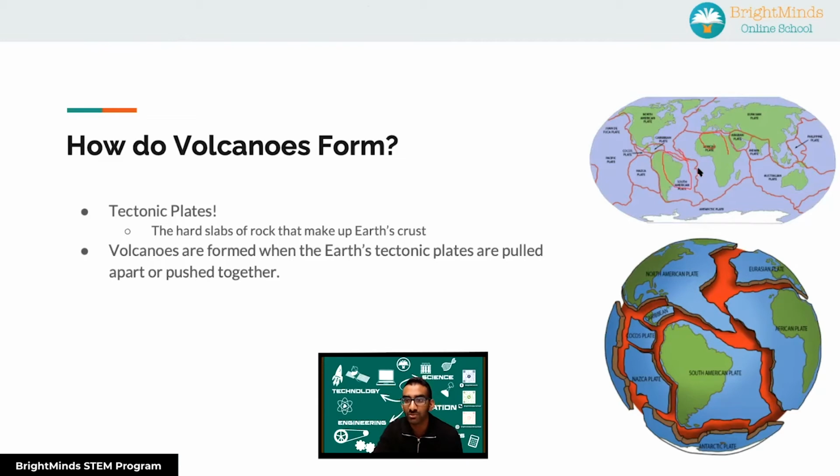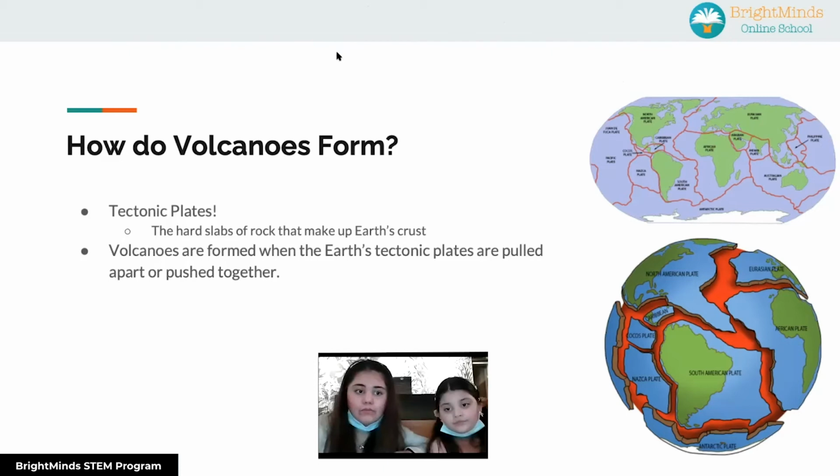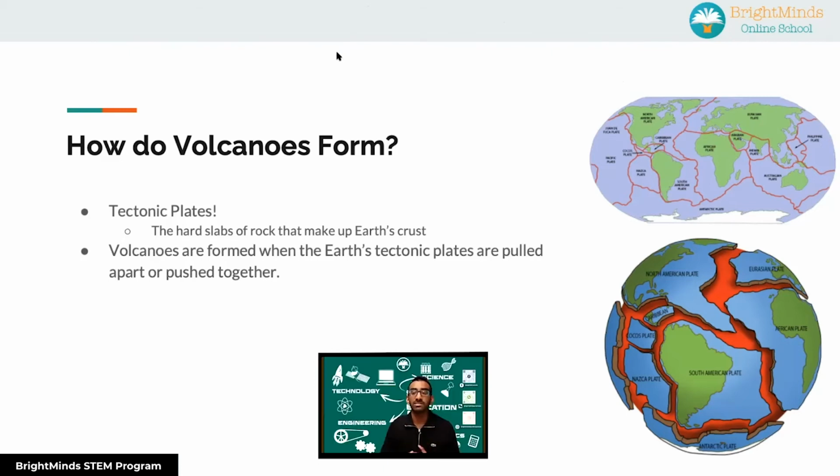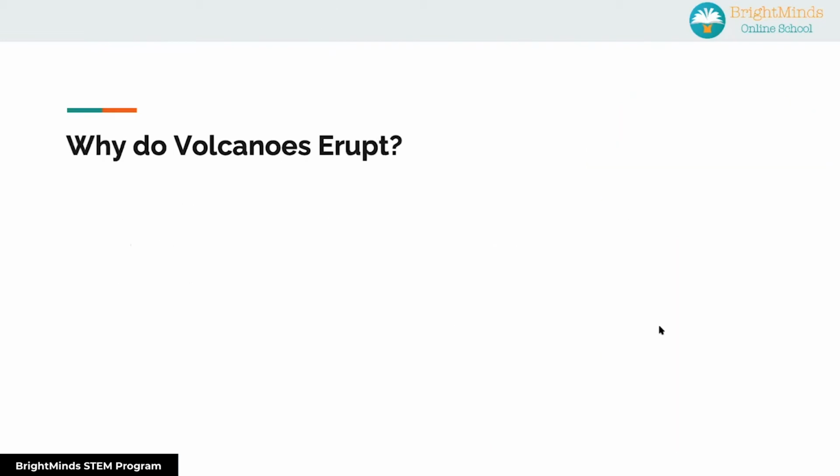Do we notice how that would fit over there? Yeah, everyone sees that? So just like that, at one point, they were all a supercontinent, okay? And the point being here is that these tectonic plates are constantly moving, okay? So that doesn't mean they're moving extremely fast. They're moving very slow, actually, okay? So these tectonic plates are constantly moving, and that's exactly how these volcanoes are formed, okay? So when they collide, or when they're pushed or pulled apart.